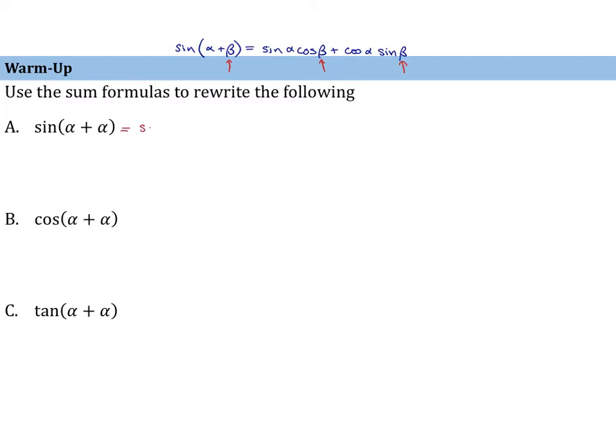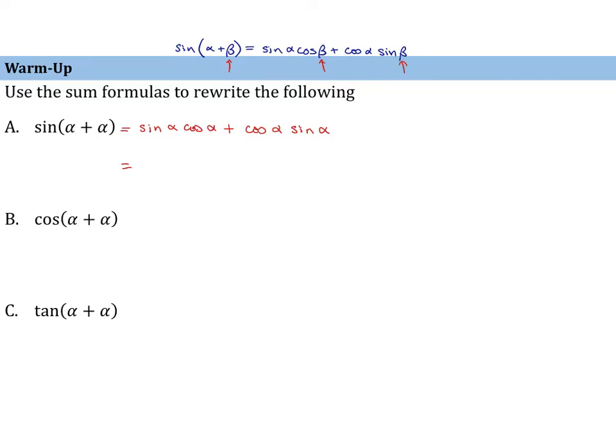So we have sine of alpha cosine of beta, but beta will get replaced with alpha, plus cosine of alpha sine of beta, but sine of beta gets replaced with alpha.